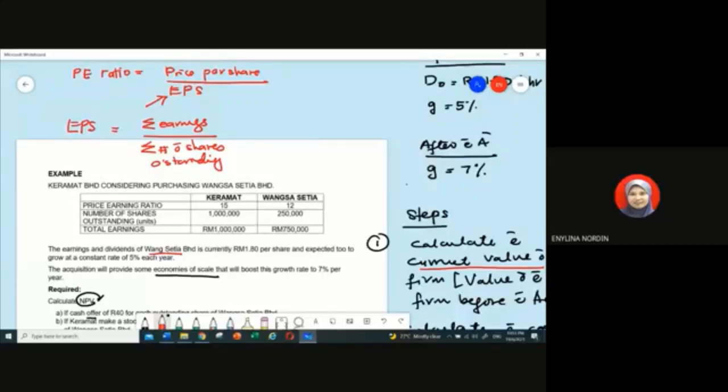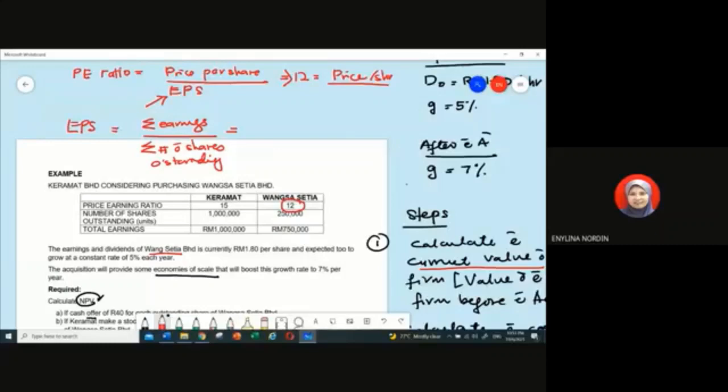The PE ratio of Wangsa Setia is 12. So 12 equals price per share divided by earnings per share. We still need to find the EPS here, so make use of the given information.